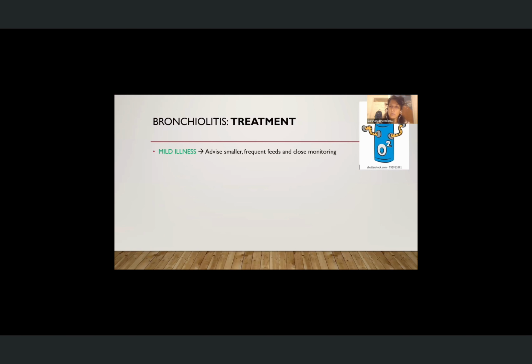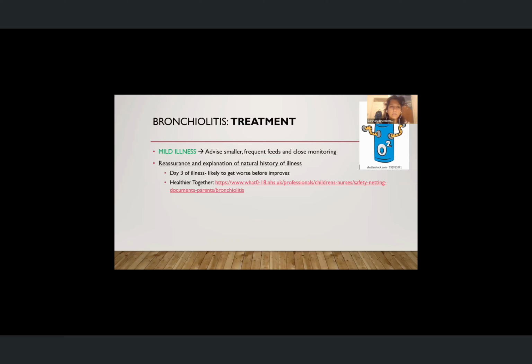Treatment is largely supportive. So in children with mild illness who have normal saturations, normal respiratory rate, but with some increased work of breathing, advising smaller and more frequent feeds usually does the trick, along with close monitoring. And again, as I've mentioned, it's important to explain to the parents the natural history of the illness and the fact that around day 3, kids are likely to get a little bit worse before they get better.